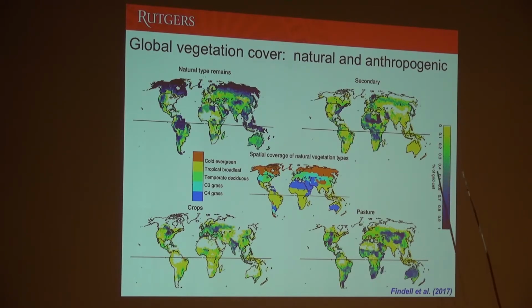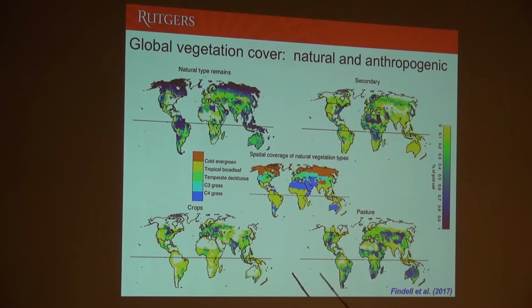And then the other maps show what exists there currently. So some of it is secondary vegetation. A lot of what we have in New Jersey is secondary regrowth of forests. So the primary forest got cut down, and now what we see is secondary regrowth.